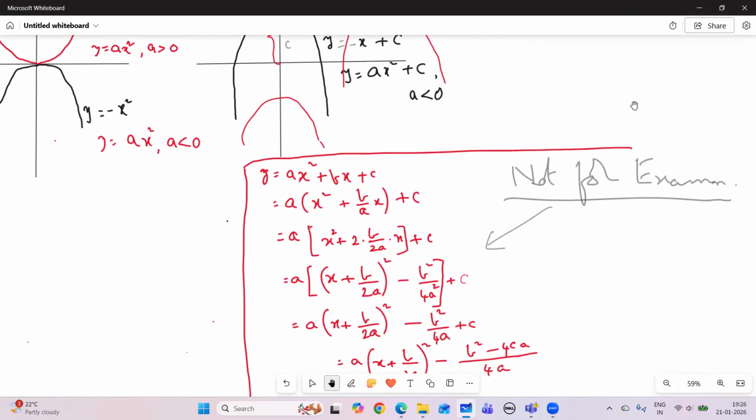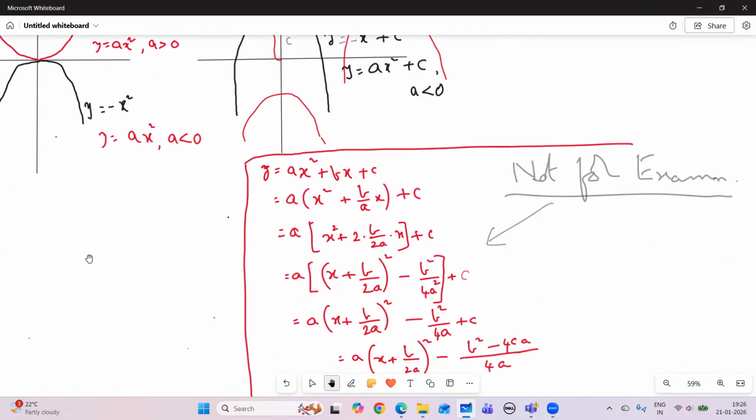We are given x square plus bx plus c. So out of this, a can be taken out. Then you have x square plus b by a into x plus c, and then this can be made a perfect square. You treat this as the 2ab term. That is 2 into b by 2a into x.